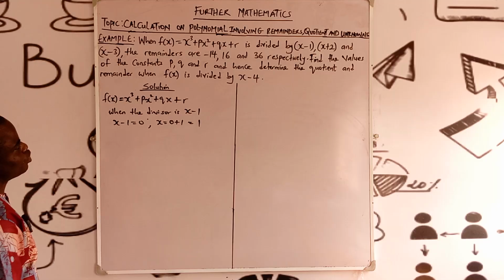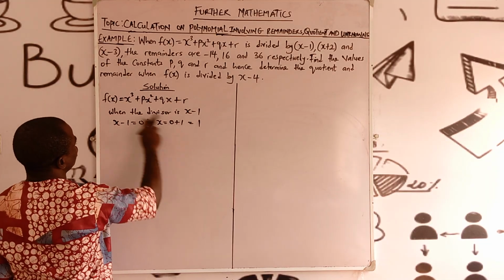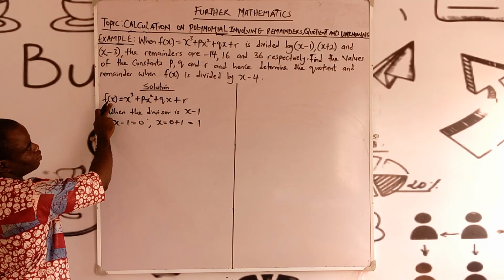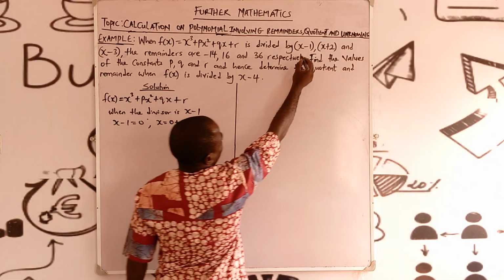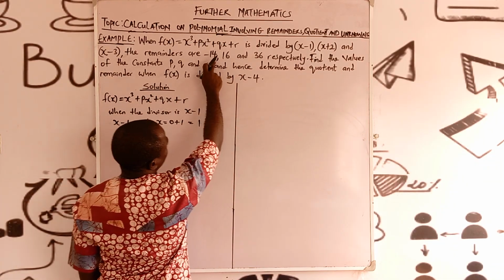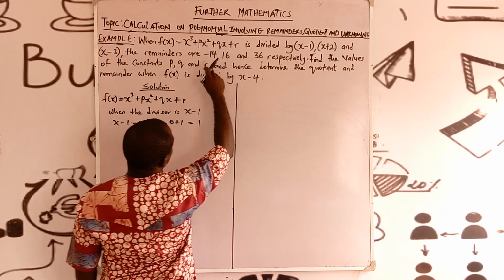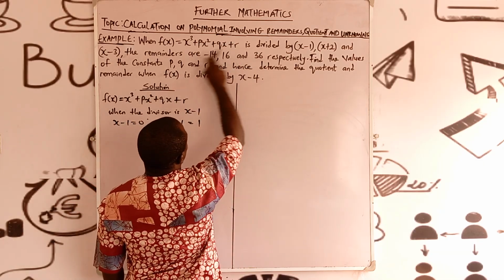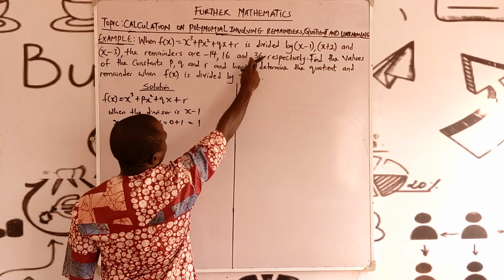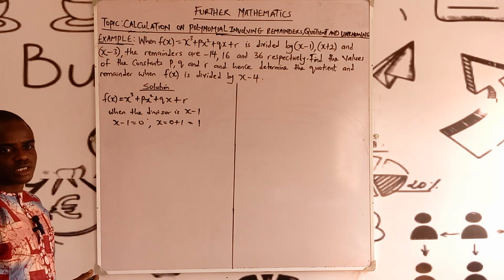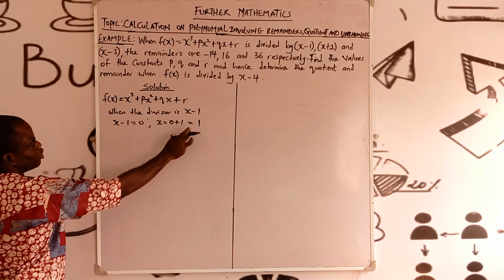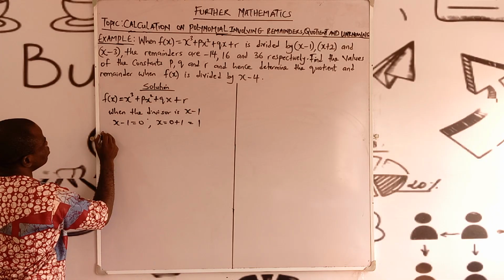Now impute this 1 into where you have x. The x minus 1 is for the first remainder, x plus 2 is for the second remainder, while x minus 3 is for the third remainder. You are going to be equating it to the remainders when you are imputing the value of x.